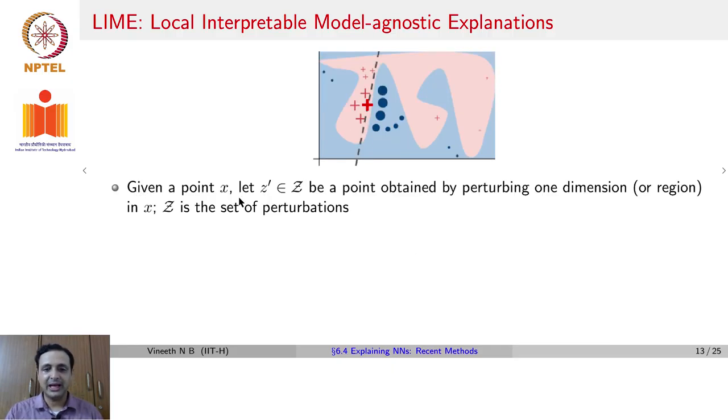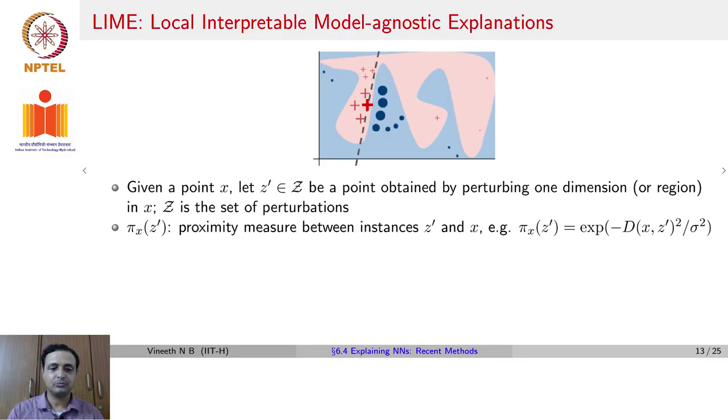So given a point x, that's your bold red cross, let z prime be a point obtained by perturbing one dimension or region in x. So you could perturb a pixel, or you could perturb a particular region. You could do occlusion kind of experiments, or you could just perturb an entire region of an image. And capital Z is the set of all perturbations.